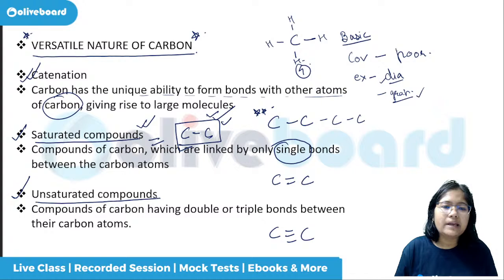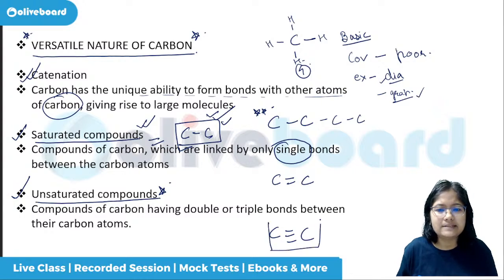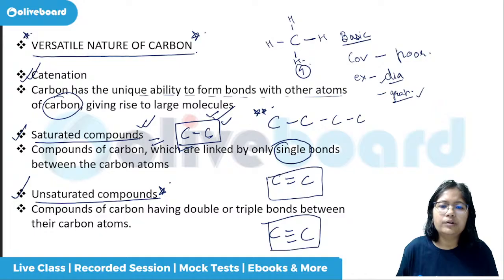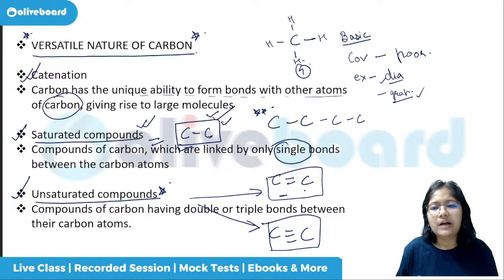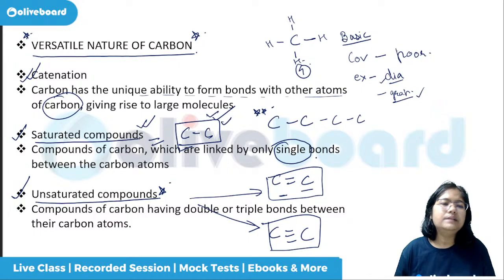And unsaturated compounds means the carbon has a double bond or a triple bond between the carbon atoms.